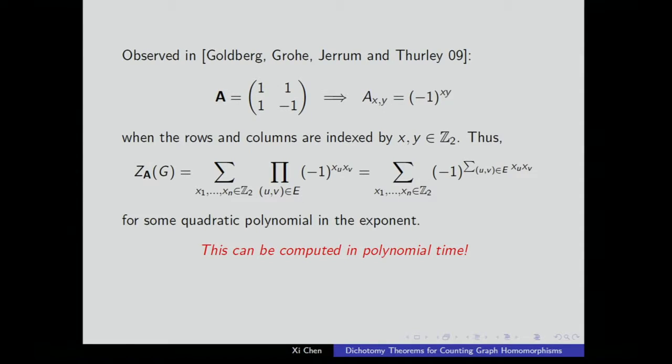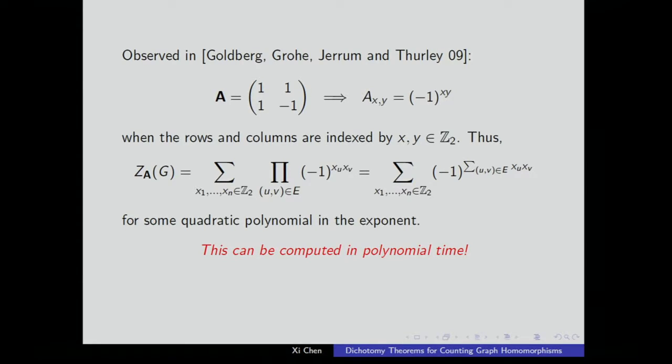But then there is this really nice observation made by Goldberg, Grohe, Jerrum, and Thurley, that if you index the rows and columns of this matrix by 0, 1 or Z2, then you actually have this very nice expression. The xy entry is just minus 1 to the power of x times y. The only chance you get a minus 1 is when both x and y are 1.